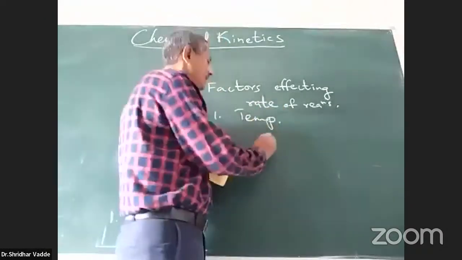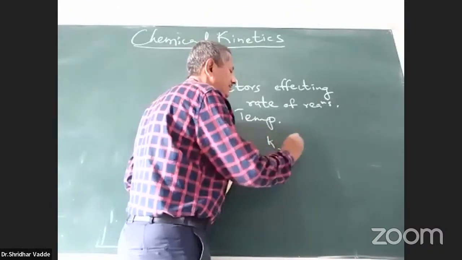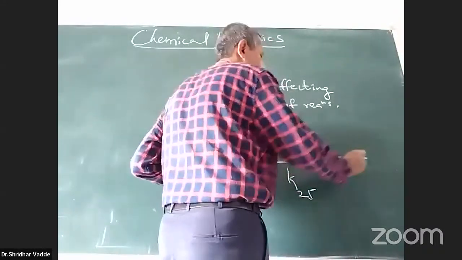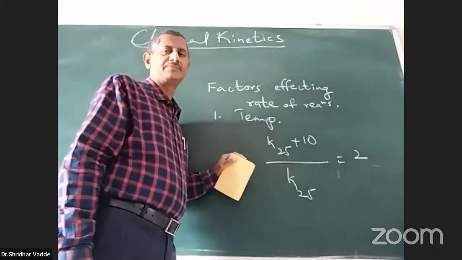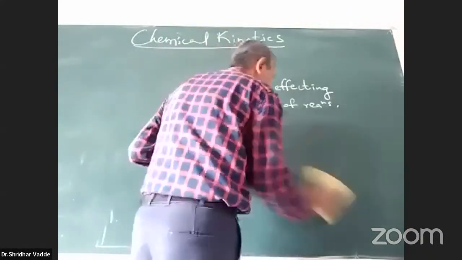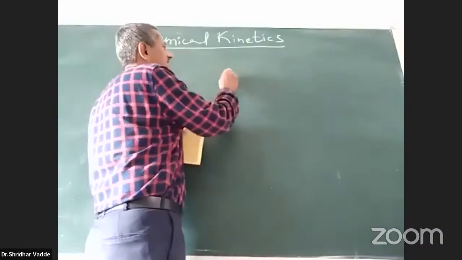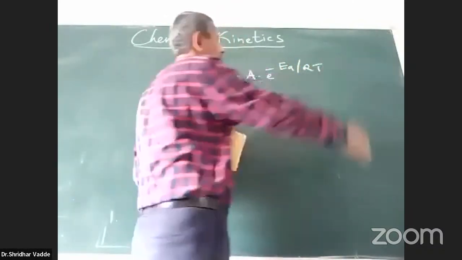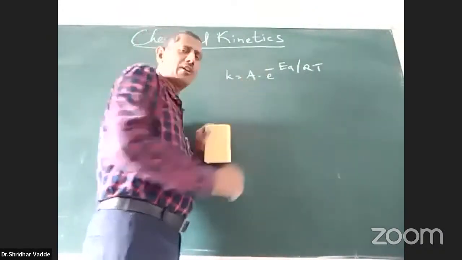So for example, K(25+10) divided by K25 is approximately equal to 2, or greater than 2 in some cases. And to know about the effect of temperature, according to the Arrhenius equation, K is equal to A into e to the power of minus Ea by RT.